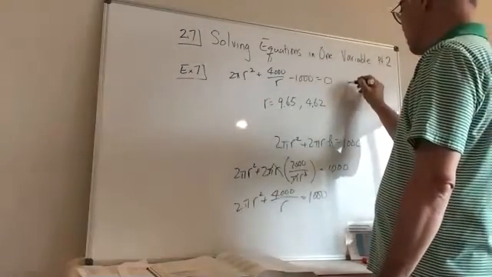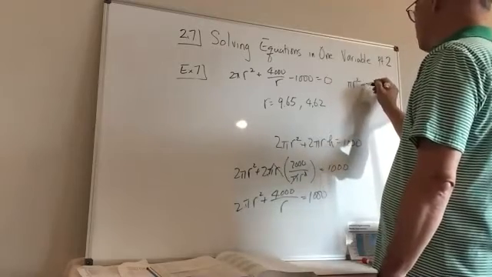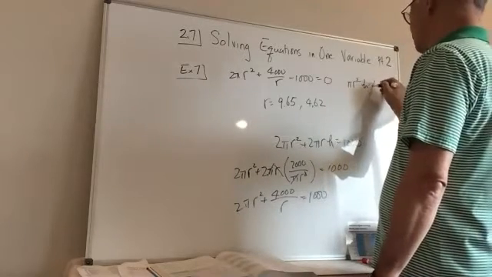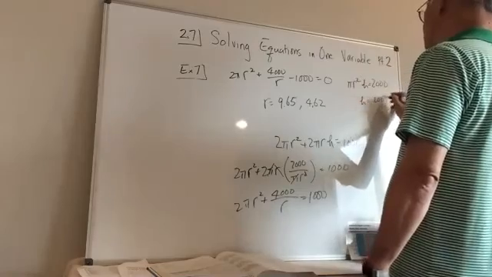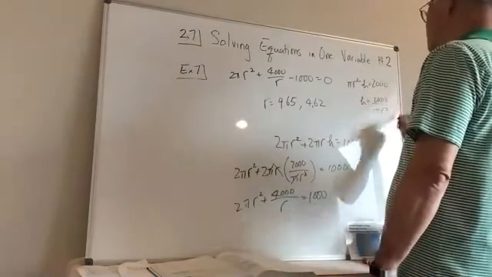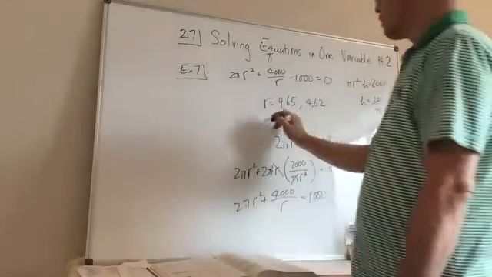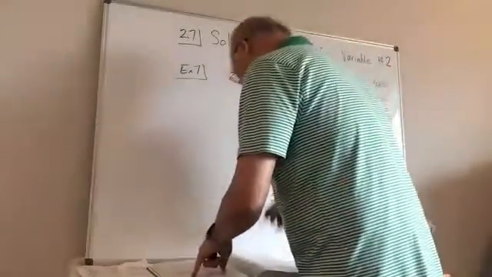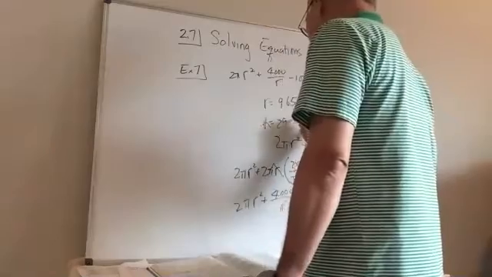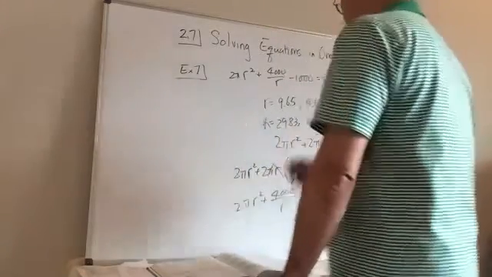And once I know this, I can put this into here. I also know that pi r squared h is going to be equal to 2,000. So I can say that h is going to be equal to 2,000 over pi r squared. And I can put these r's into here and calculate the corresponding h's. If I do that, I get 29.83 and 6.83, right?